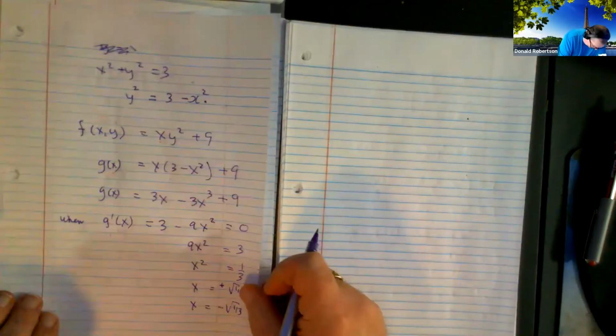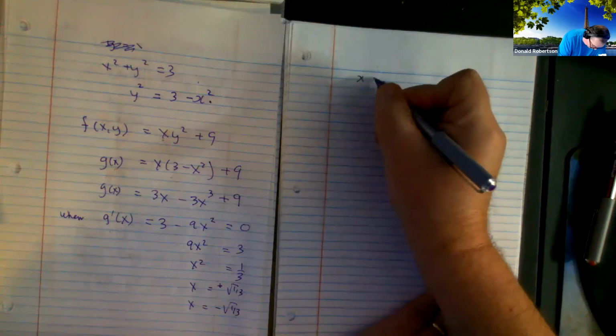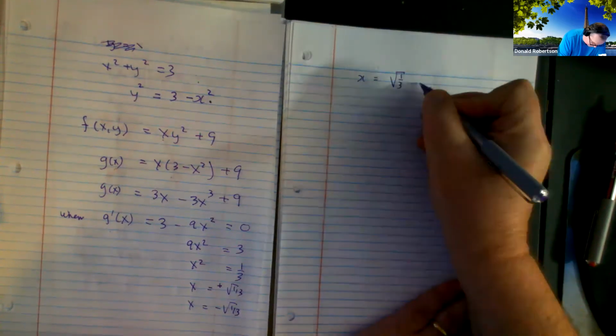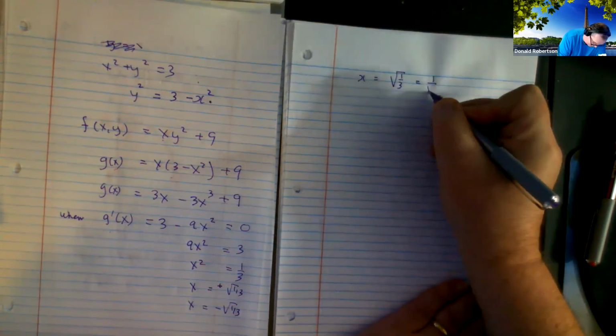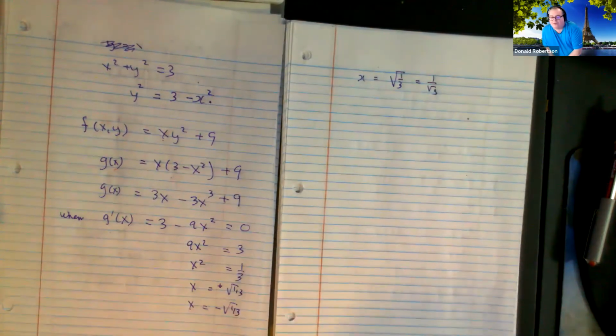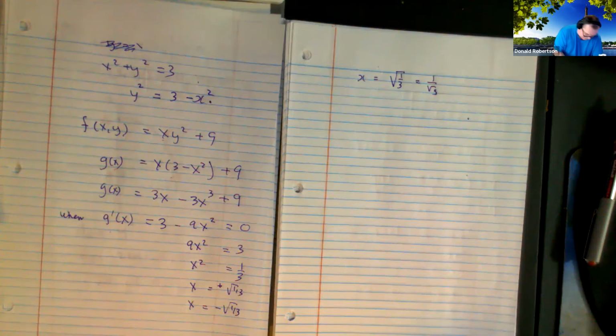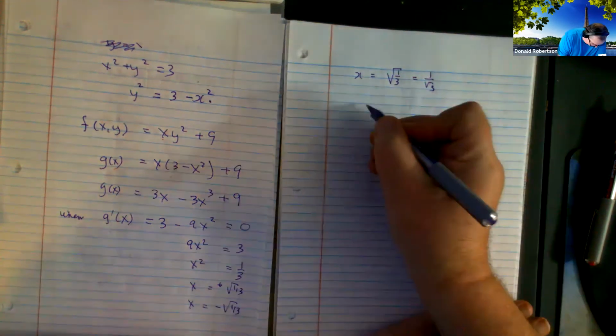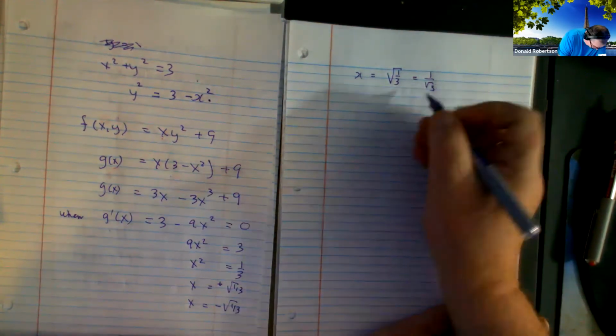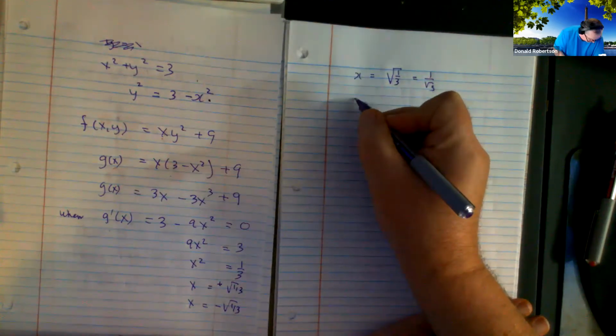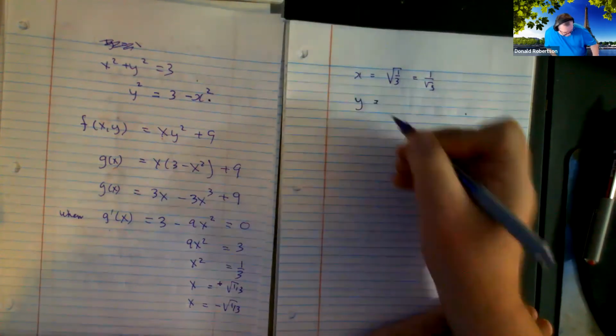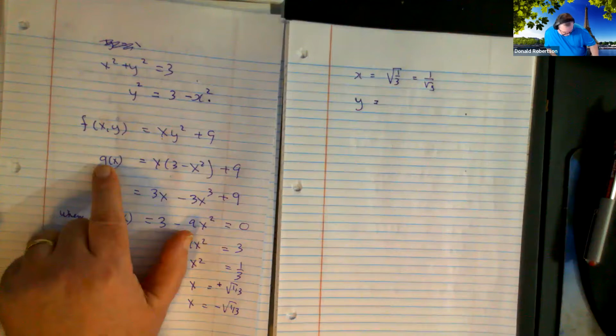Let's do x equals positive the square root of 1/3. Let's make it look pretty. Can I just call it 1 over root 3? I know I could make it prettier, but that's better than nothing, right? And for that one, we then have to find what the y coordinate would be. Essentially the y coordinate is the value of this function.